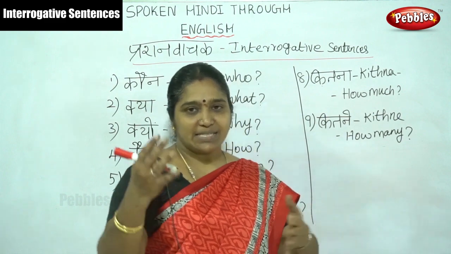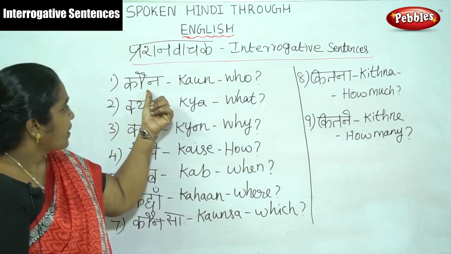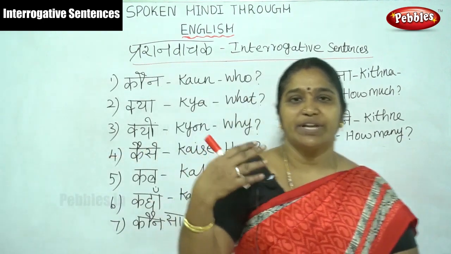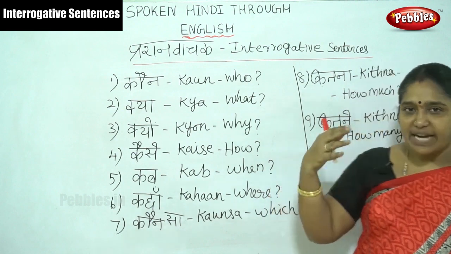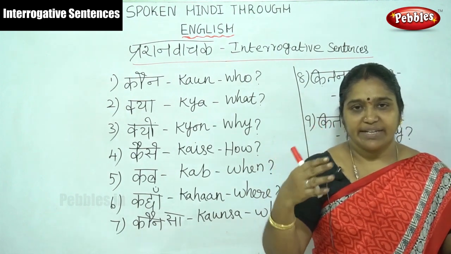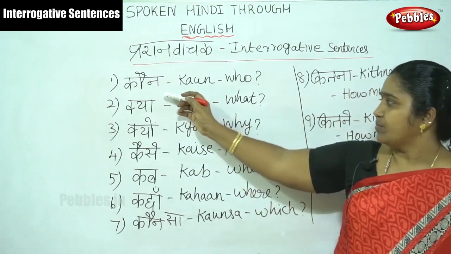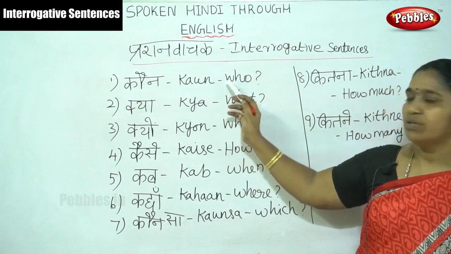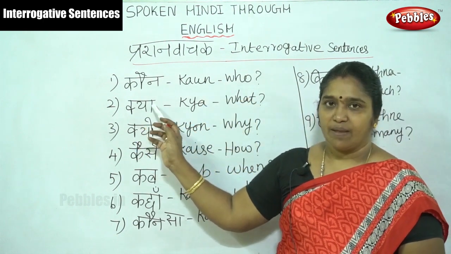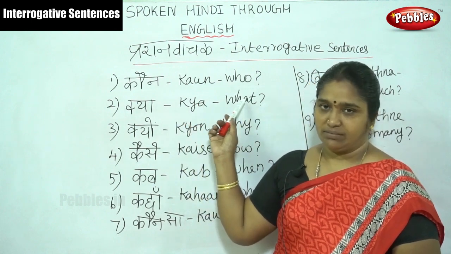Okay, let us recollect once again. We have to recollect and pronounce it again and again, then only we can remember it. Kaun, who. Then the second one is kya, what.